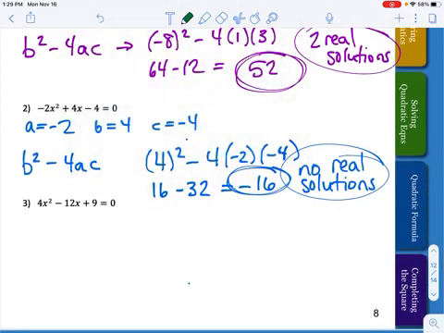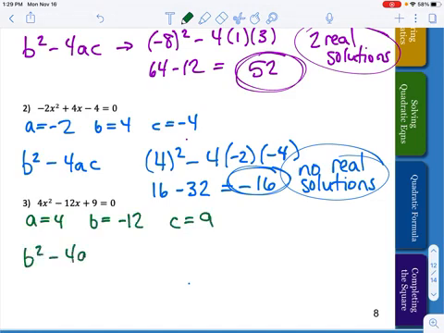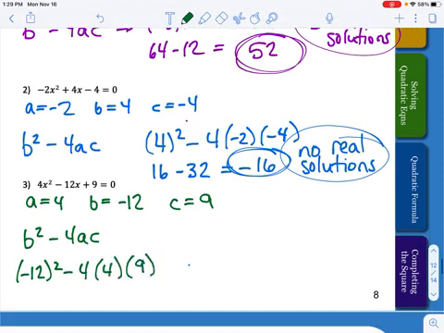And one more of this type. Gotta label my a, my b, and my c. So then I have b squared minus 4ac, plug in my information.